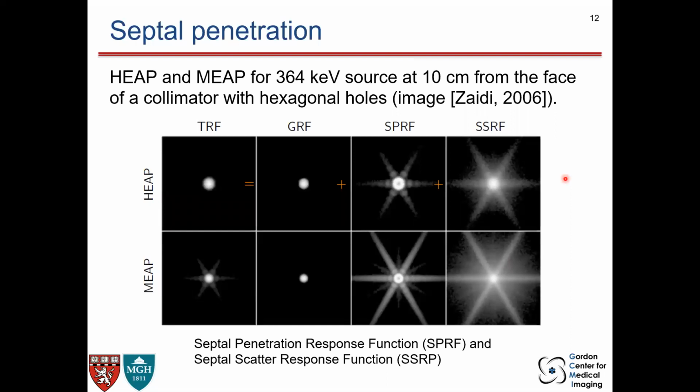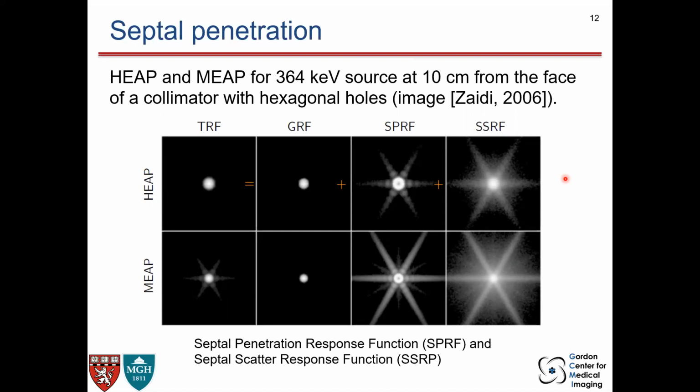So there is obviously a penalty that you have to pay when it comes to septal penetration. If the septal thickness is not large enough, then you will have all sorts of effects here, and we call it septal penetration and septal effect.